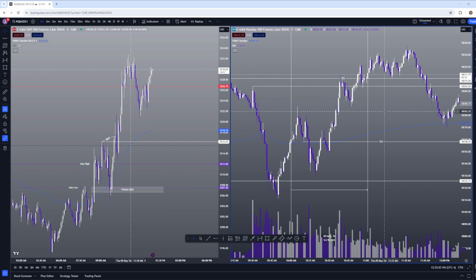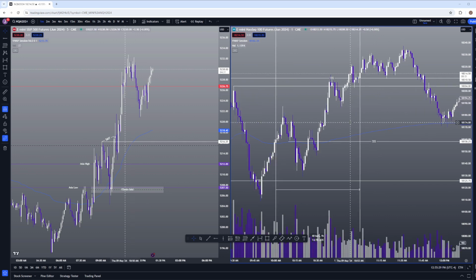Because how do you know it's a draw on liquidity if it doesn't align with our daily bias? You either want to see price move in the opposite direction previous to that move, or you want to see price go grab liquidity on the opposing side before that move. After that happens, you're waiting for price to reverse and you're waiting for an entry off fair value gaps and order blocks.